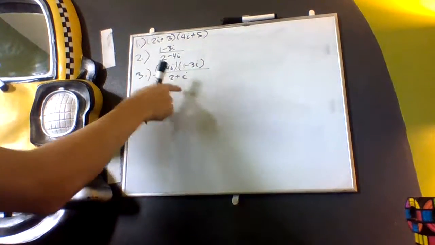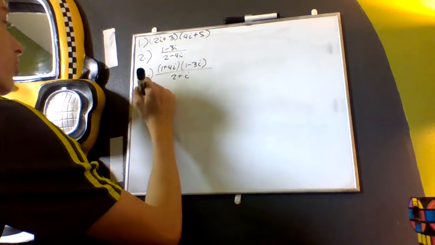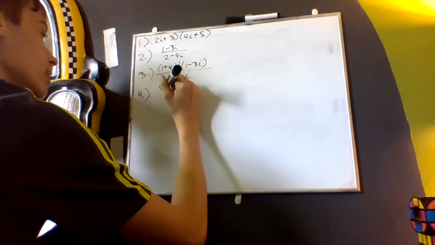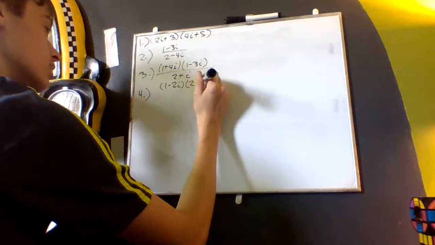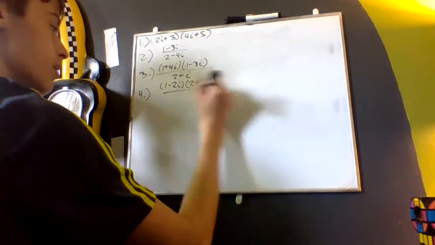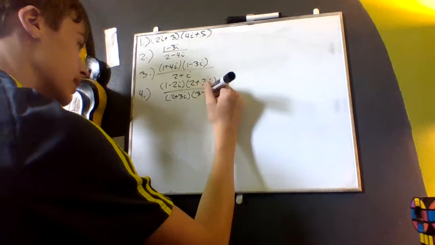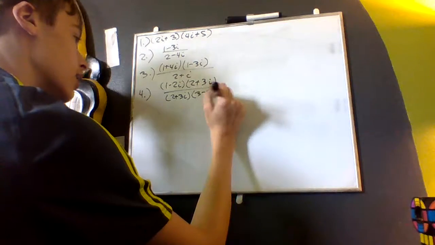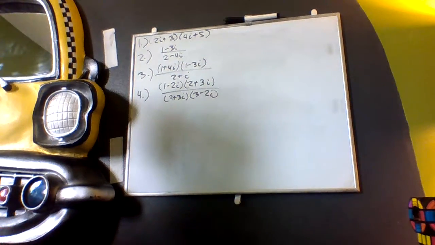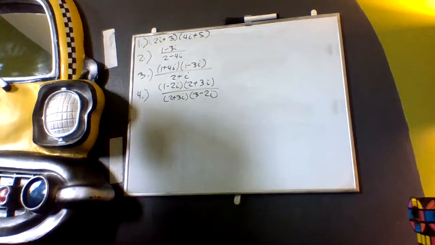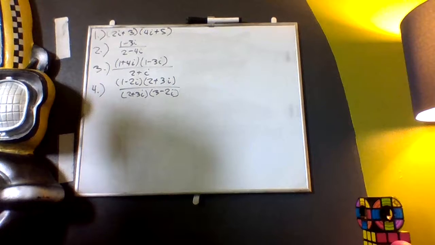Note that you cannot cancel anything out in this. Number 4, what is 1 minus 2i times 2 plus 3i divided by 2 plus 3i times 3 minus 2i? Okay? I'm doing 4 this time, but I usually don't. So, yep, there you go.